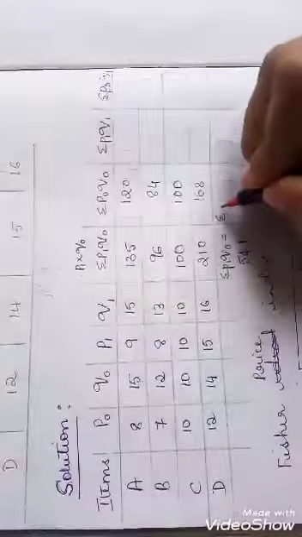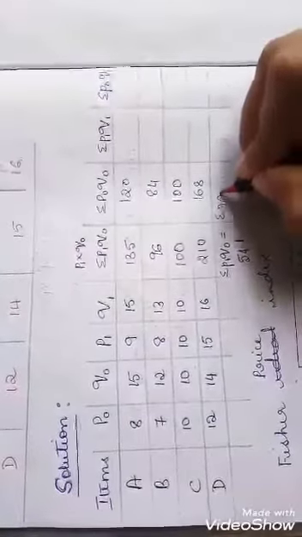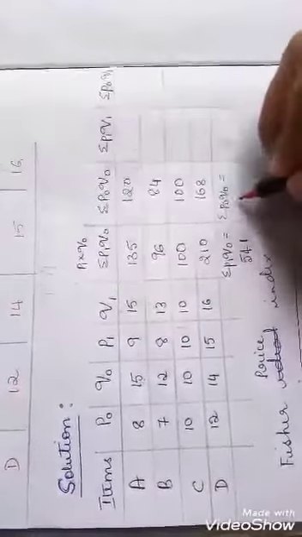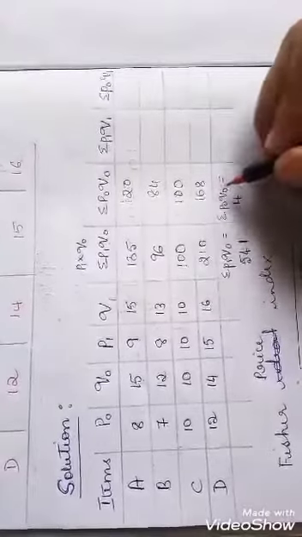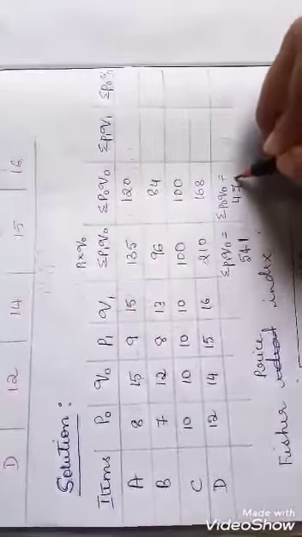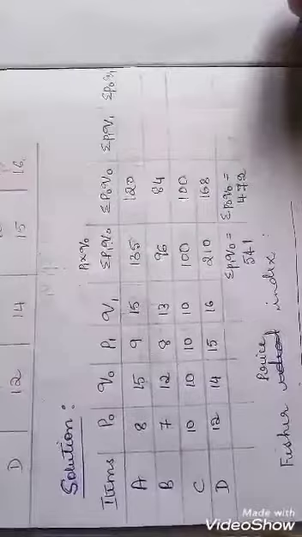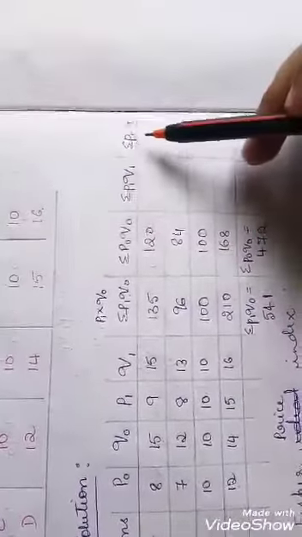When you total this, you will get summation P0 Q0, which is 472. Similarly, I calculated P1 Q1 and P0 Q1. So we have got the values. Now we will put these values into the formula.